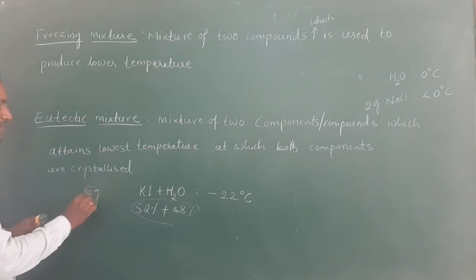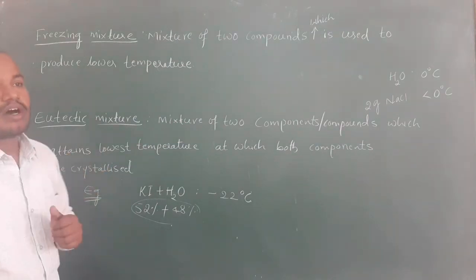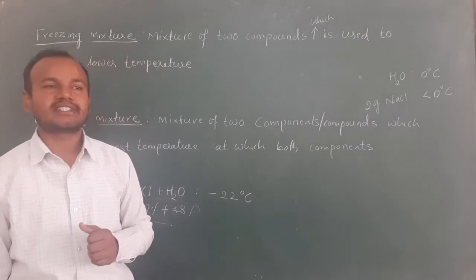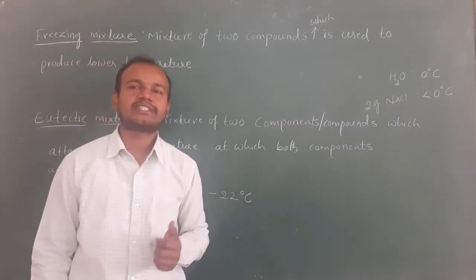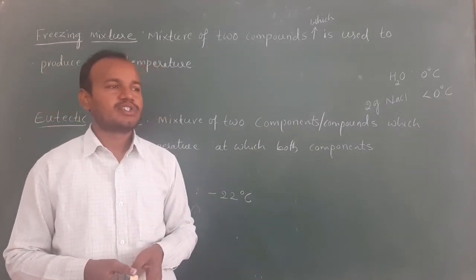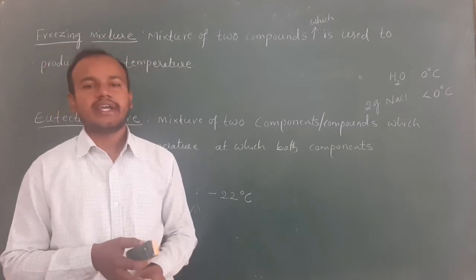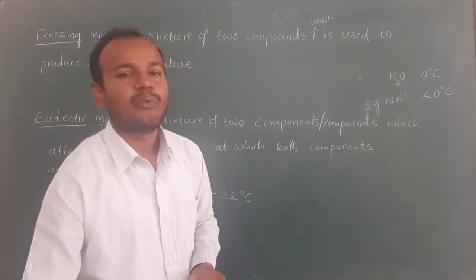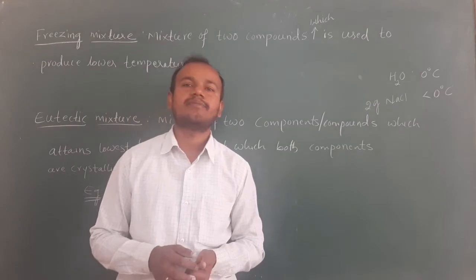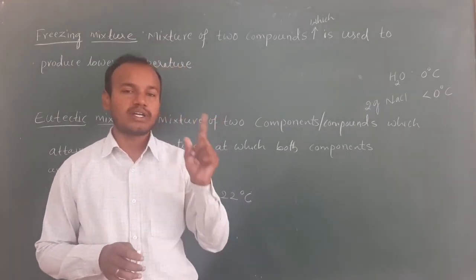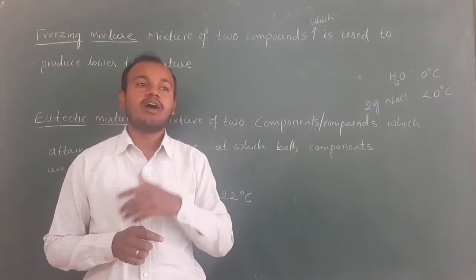So this is all about the unit, that is phase rule. This completes the unit on phase rule. In this unit we need to concentrate on the phase rule for one component and two component systems.